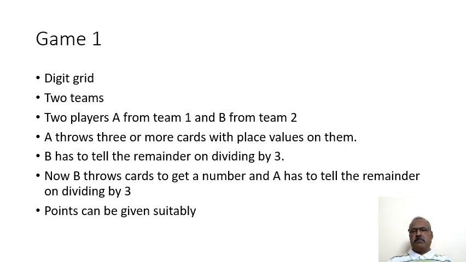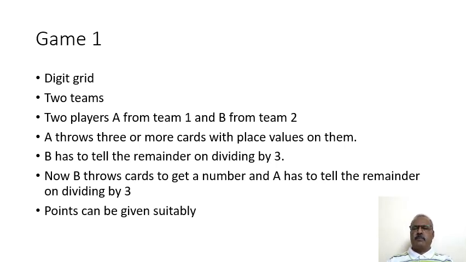If A or B need help, help is offered, because these games are not for competition but for learning purposes, education. So an opportunity must be given to the player to understand how the divisibility works. And that's how the game can be played, by taking turns from each team.